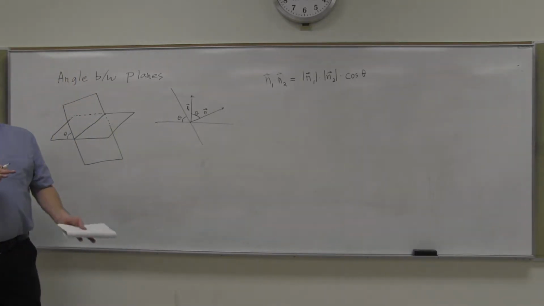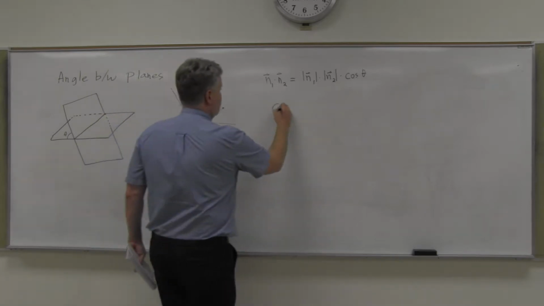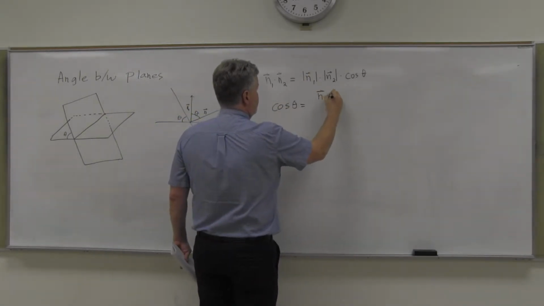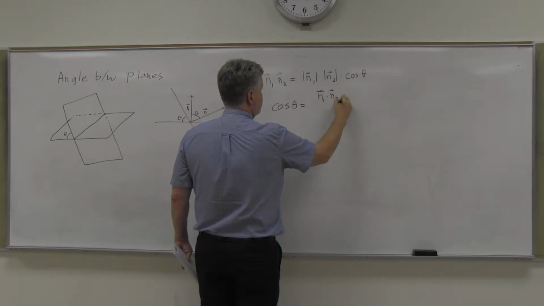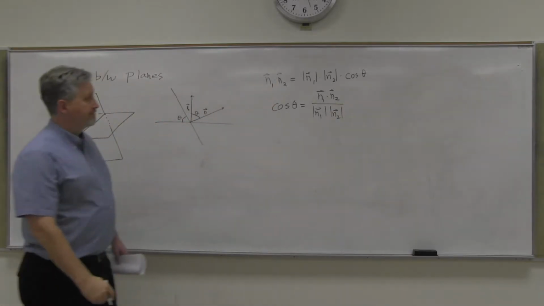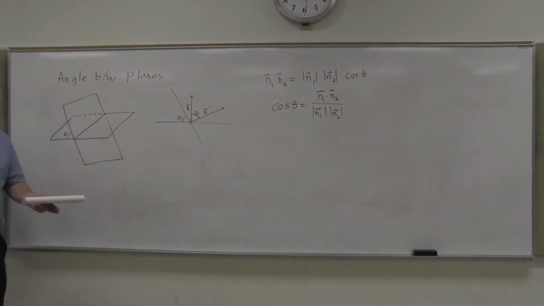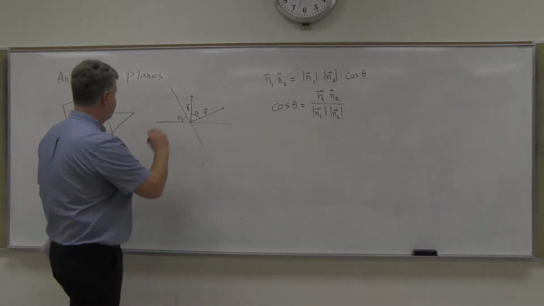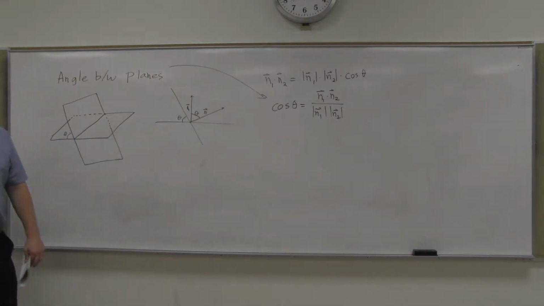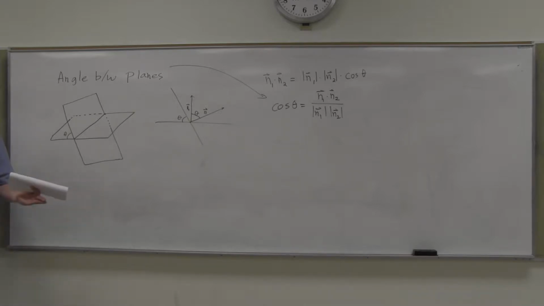And so if we solve for cosine theta, it's the dot product n1 dot n2, divided by the magnitude of n1 times the magnitude of n2. And then do your arc cosine. So, for the angle between planes, we're just going to use our little trick there for the angle between vectors.